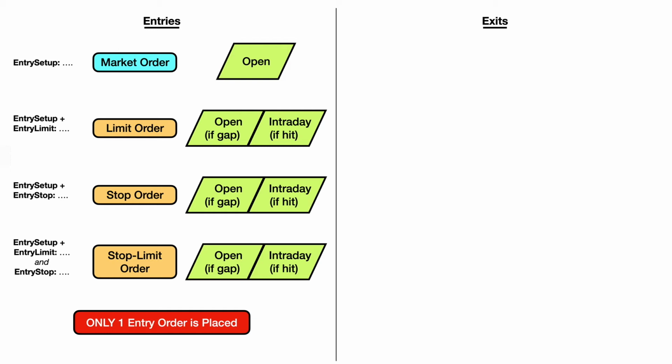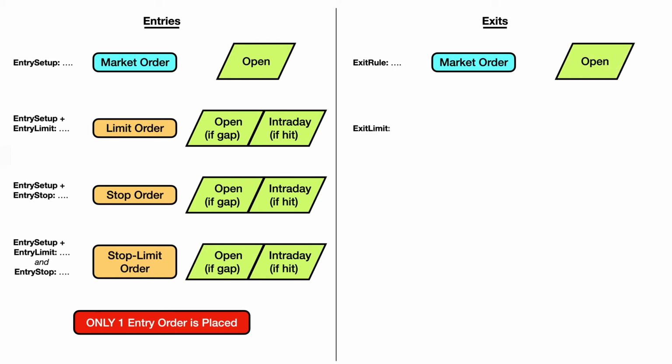Now let's look at exits, which are a little bit different. So at the moment we have an exit rule, and that condition decides whether one of our open positions is eligible to be sold. By default, that will be a market order which will happen at the open. We can also specify an exit limit price, and if there is an exit limit price specified, then there will be a limit order, and that will require price to be above a certain amount for the exit to take place.